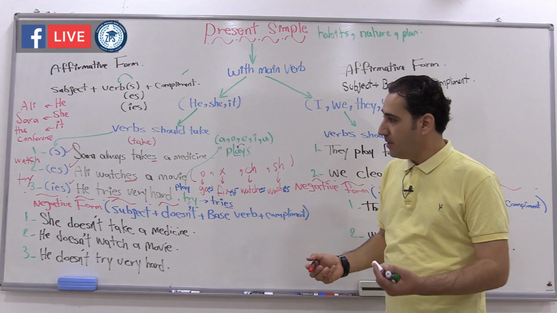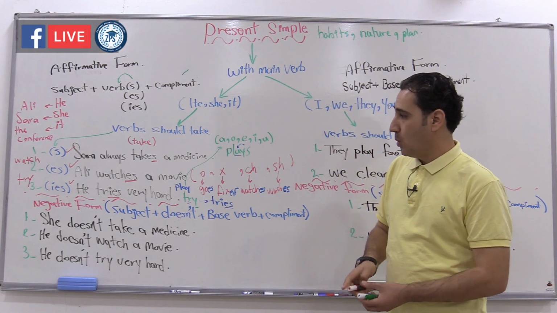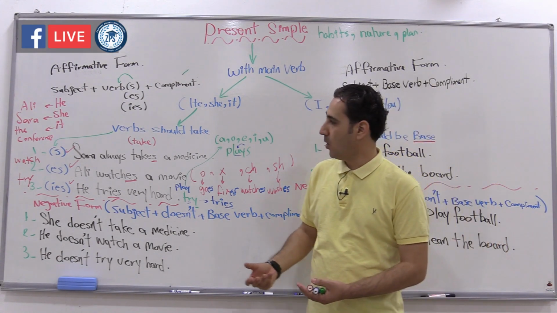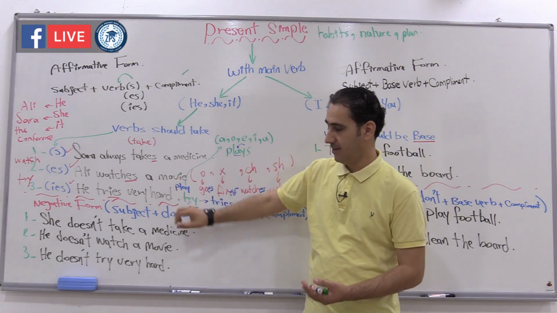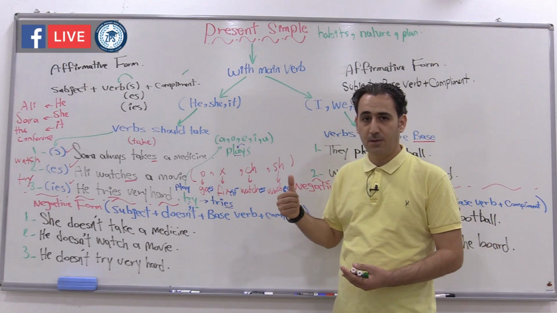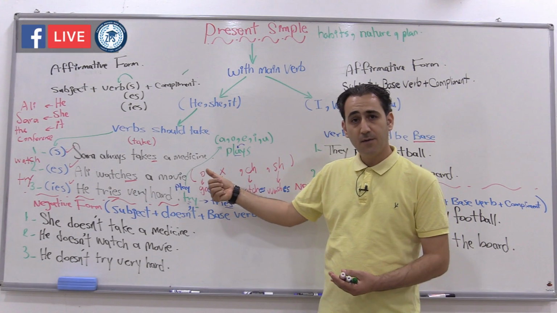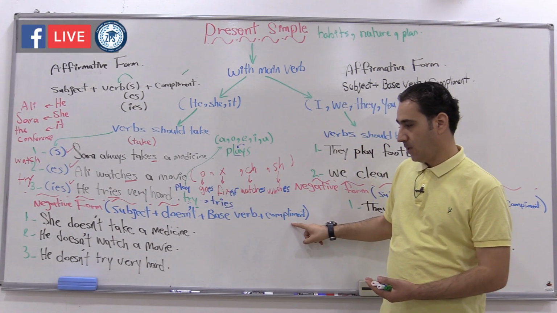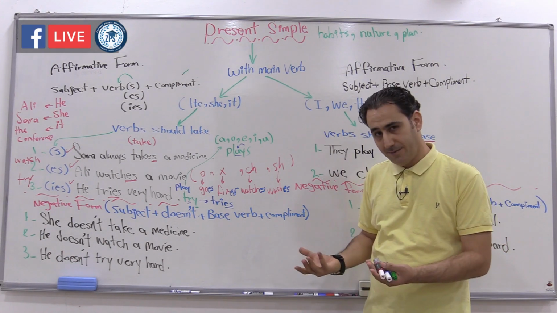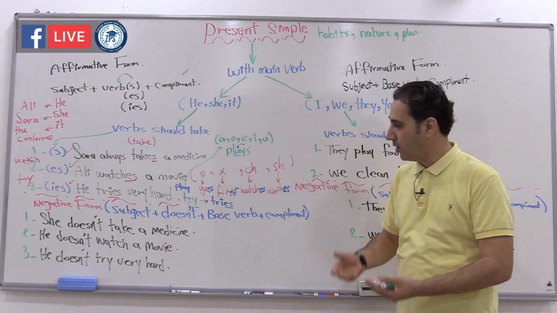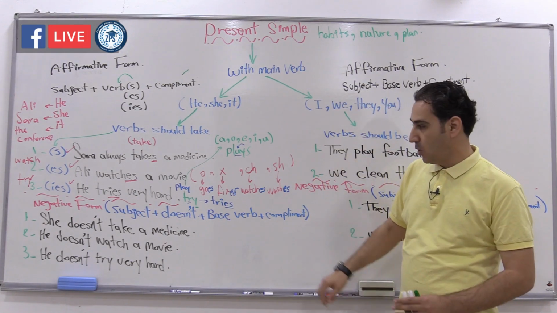Okay, so maybe you ask, Mr., what's the negative form of this sentence? How can we make a negative form with present simple, with singular verbs? Look at the form, or you said the rule, because most of the students said rule, or the form, no different, okay?